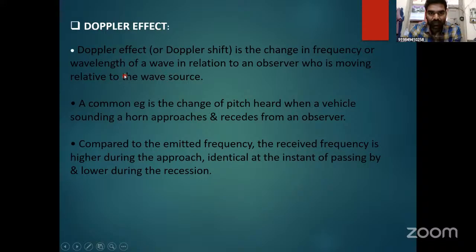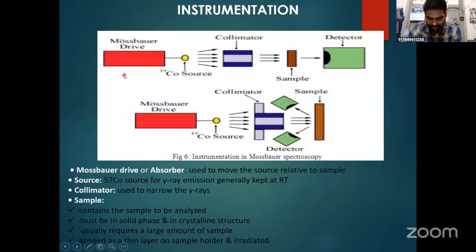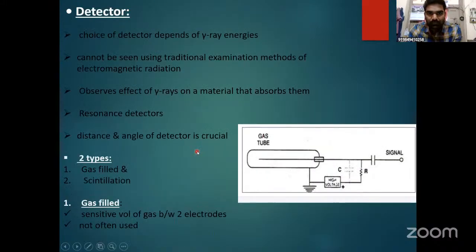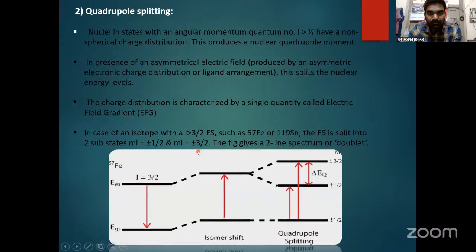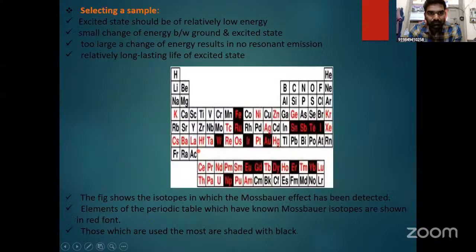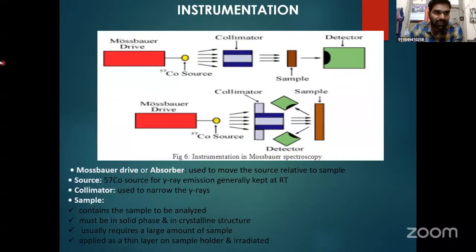Okay, so let us see the instrumentation. Before going to that, to understand this Mossbauer effect and appreciate its importance, we will consider an isotope of iron.